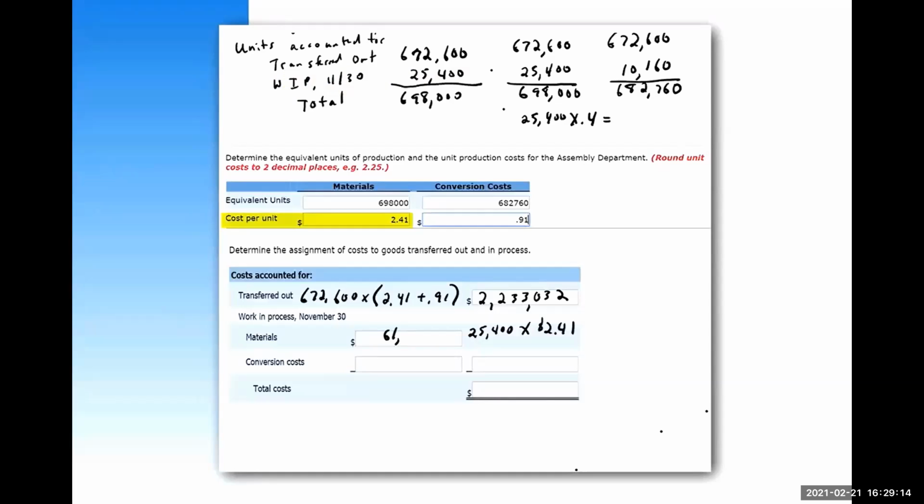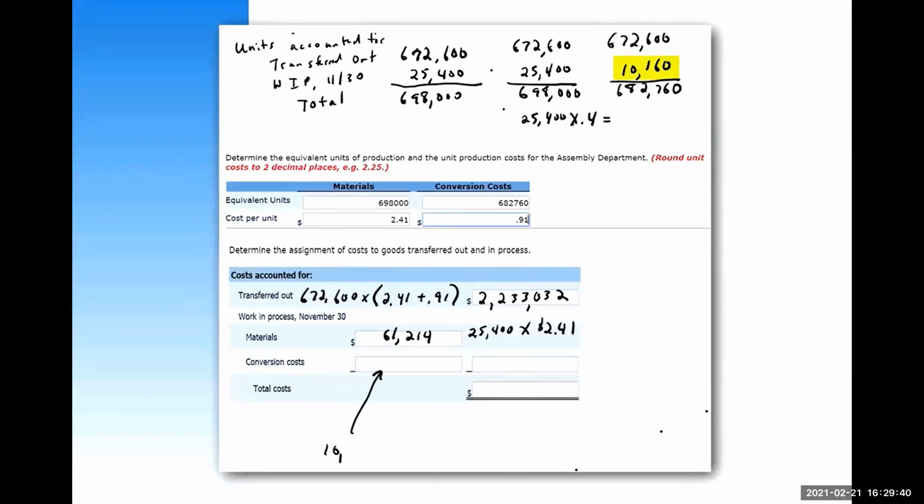So that will give us 61,214. Now, with regard to the conversion costs, we have equivalent units of 10,160. We determined that previously, and again, that was because the 25,400 units are only 40% complete with regard to conversion costs, so that gives us the 10,160.